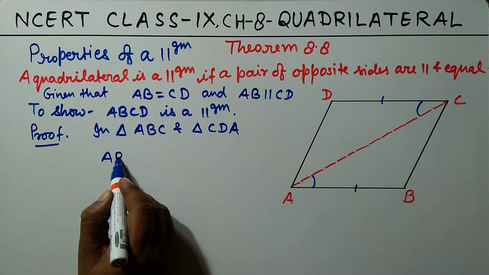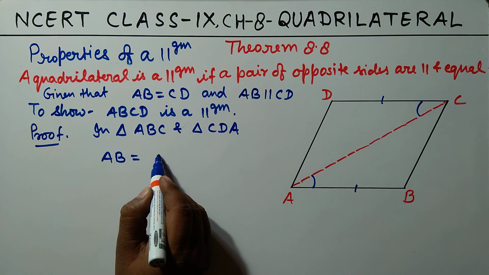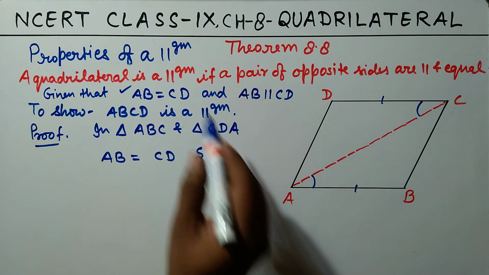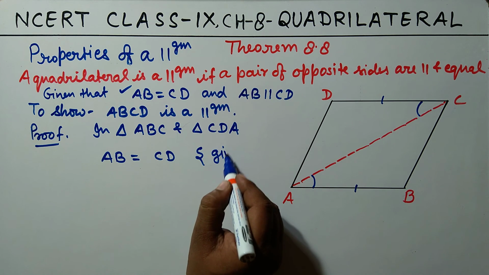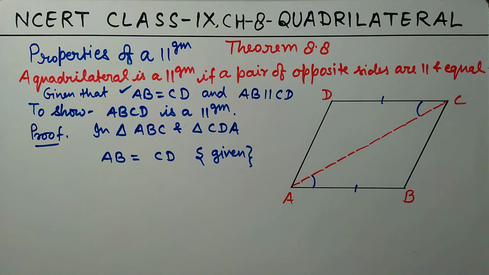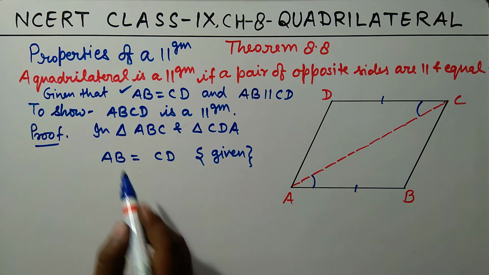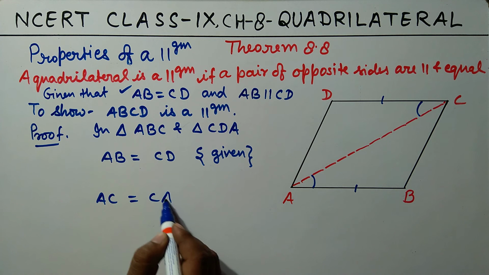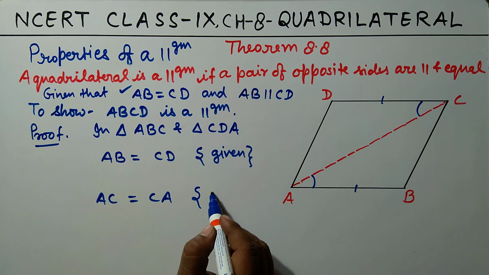AB equal to CD. Why? This is given. And AC equal to CA. Why? This is common.